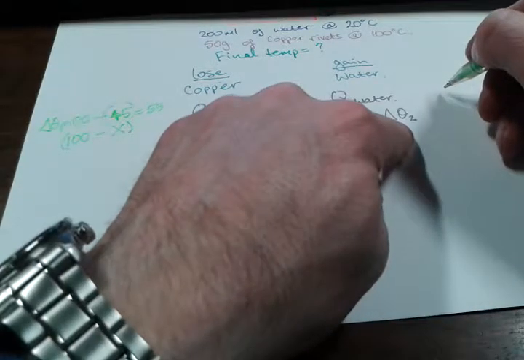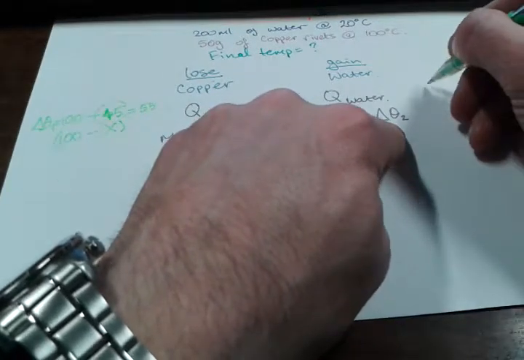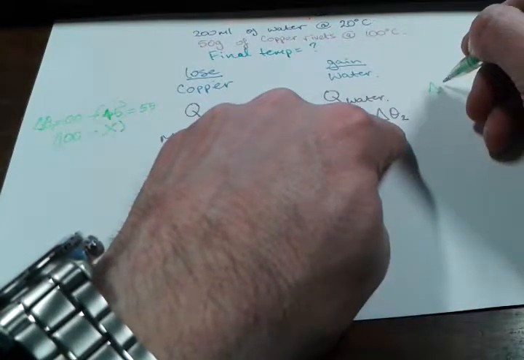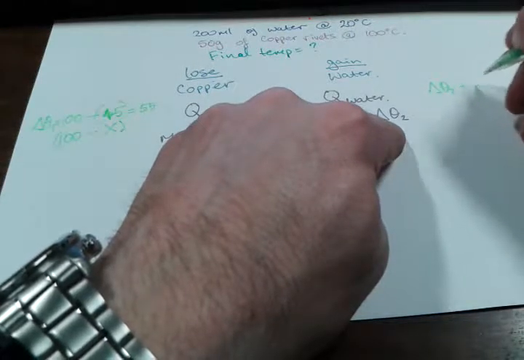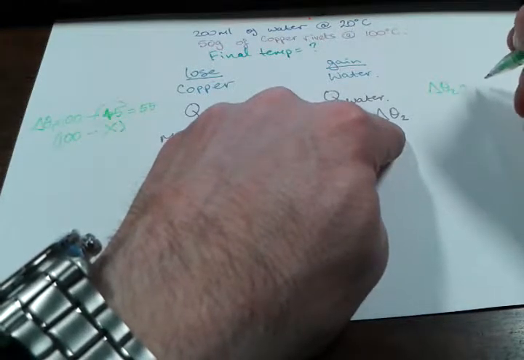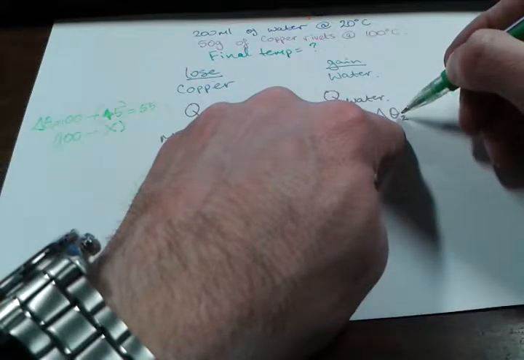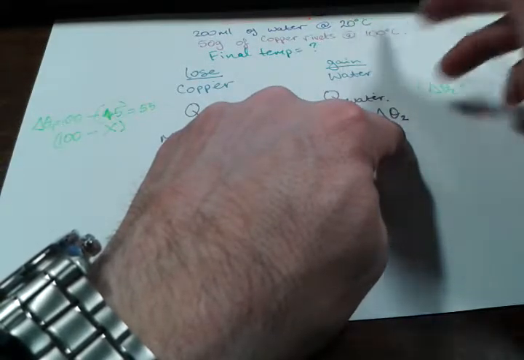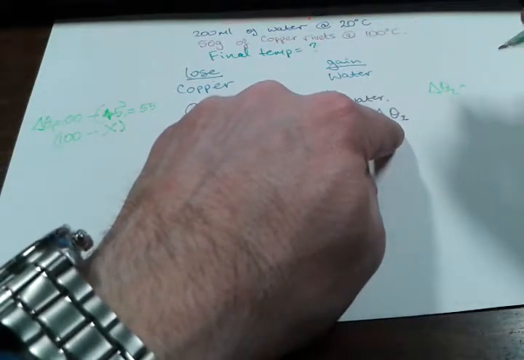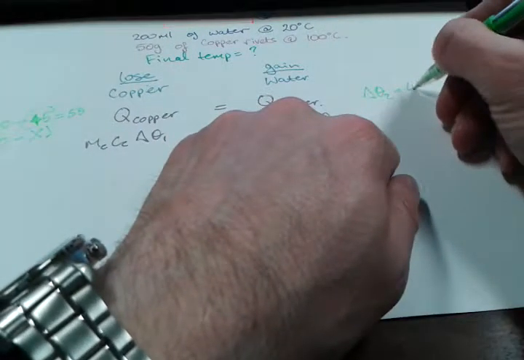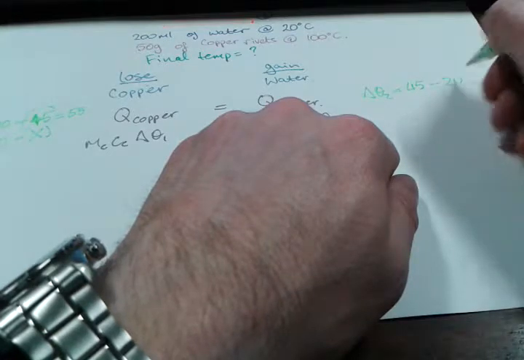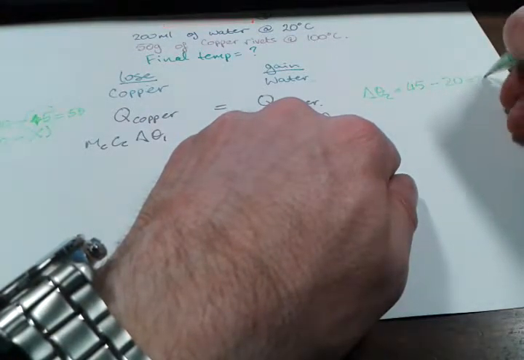Let's see, what are we going to put in for delta theta 2? Again, let's imagine that we could zip forward in time and figure out that the final temperature was actually 45 degrees. Well then, what would my change in temperature be? I would move from 20 degrees to 45 degrees, which would be 25 degrees. How would I have done that? I would have taken my 45 degrees, subtracted my 20, and gotten 25 degrees Celsius.